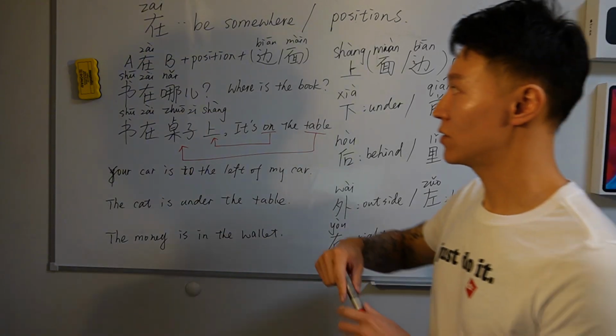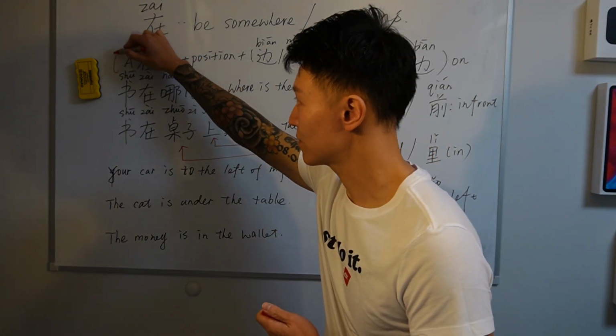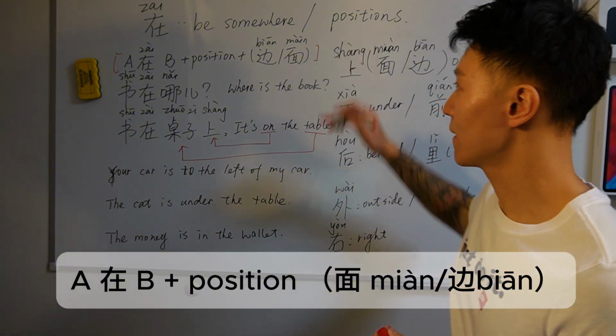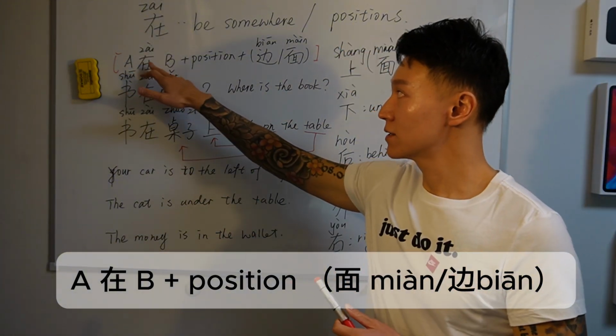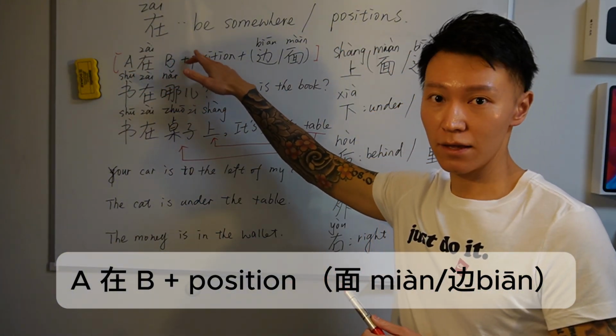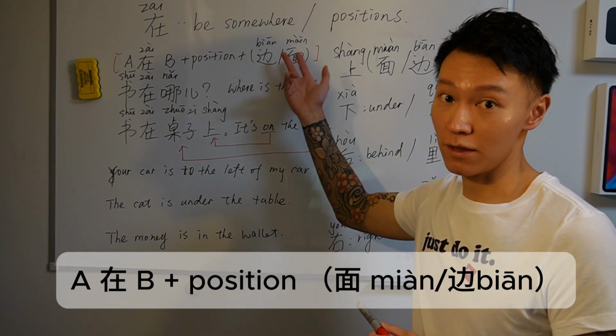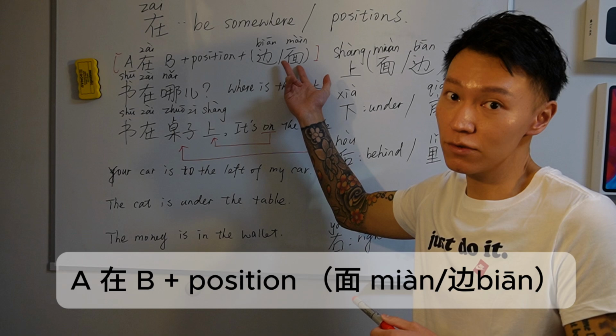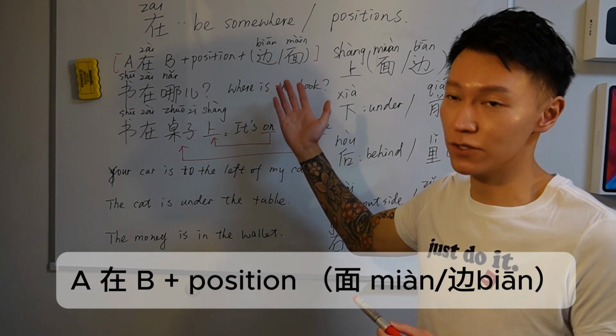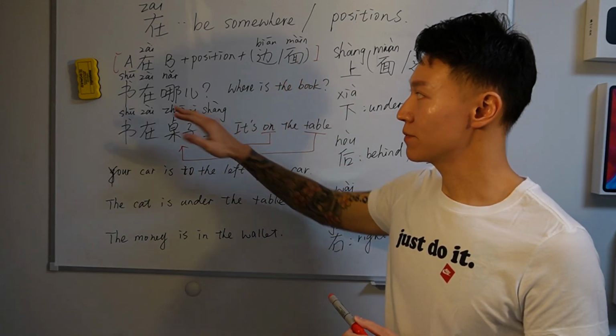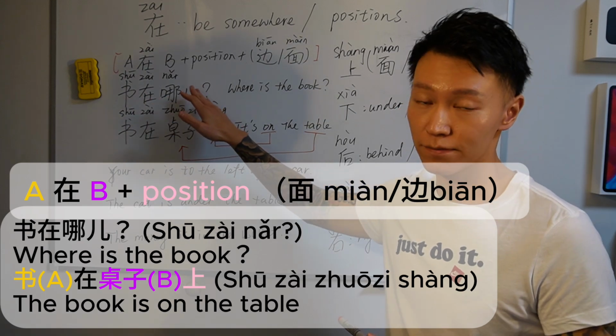Now let's have a look at this structure. A 在 B, and then position, and then 边 or 面, and they're optional. Like I said, you can use 边 or 面, but you don't have to, right? For example, 书在哪?